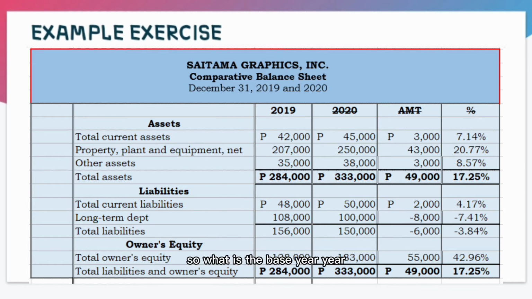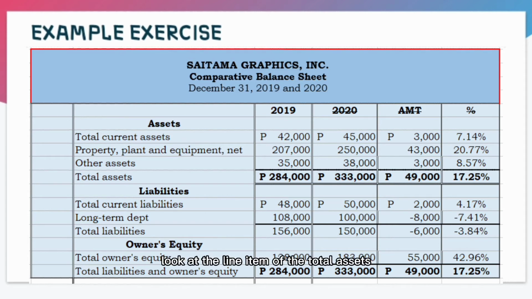What is the base year here? The base year is the previous year, or the prior year I mentioned earlier. So it is year 2019. You will divide that 3,000 pesos by 42,000 pesos and multiply it by 100 to get 7.14%.